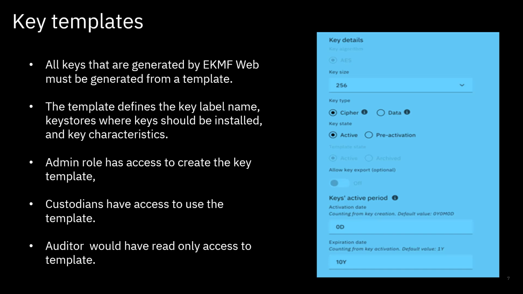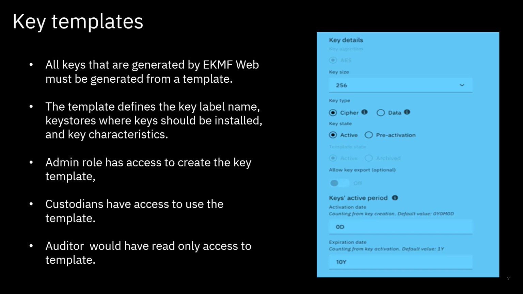There are a number of key fields to consider when creating a key template, such as key size, key type, key state, key template state. If active, it can be used, and if archived, it cannot be used, for example.